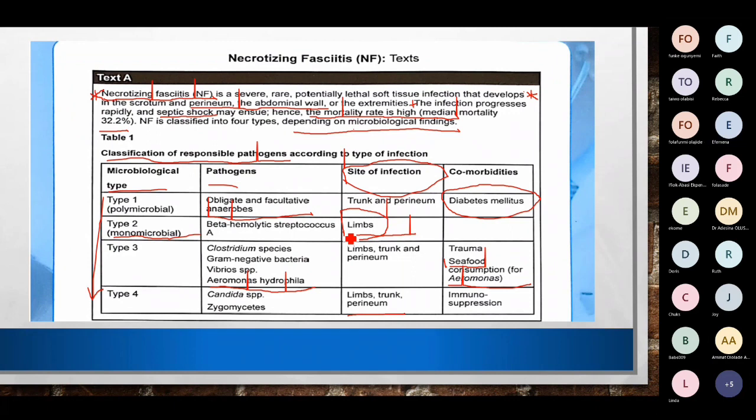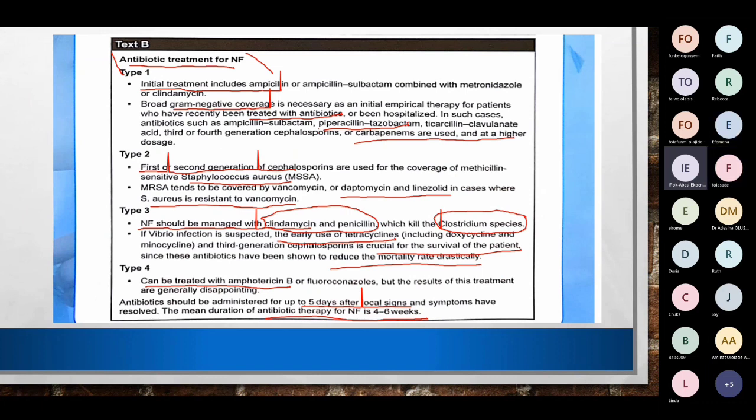That's polymicrobial. Can you see this? Exactly, you're right. So type 1, in brackets, polymicrobial. That's your answer, and you just move on. You come back here and provide your answer as what?